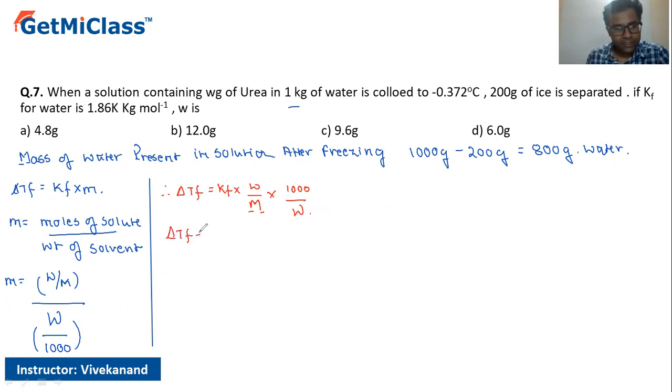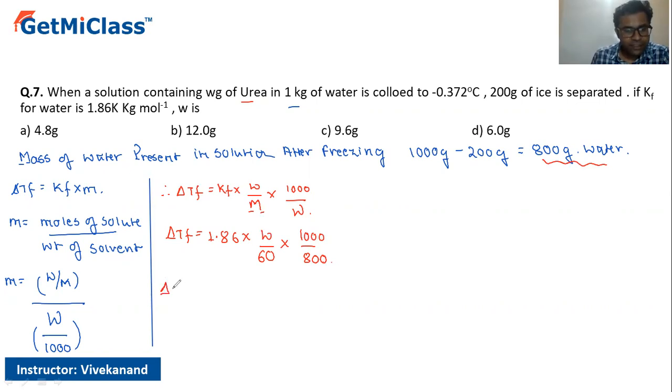So delta TF is equal to 1.86 into W, which we do not know, over the molar mass M. As the solute is urea, the molar mass of urea is 60, into 1000, the whole thing divided by 80. Sorry, not 80, it's going to be 800. 800 is the amount of water that we are taking.